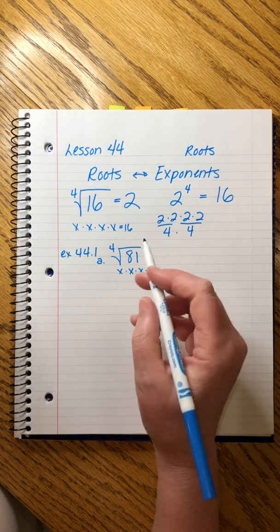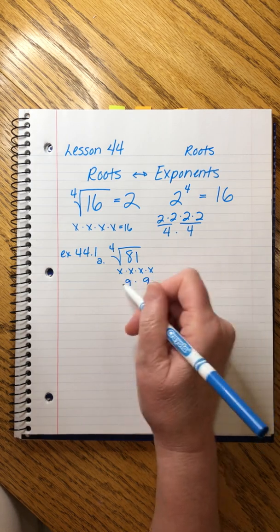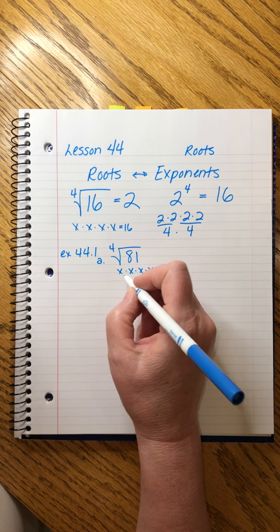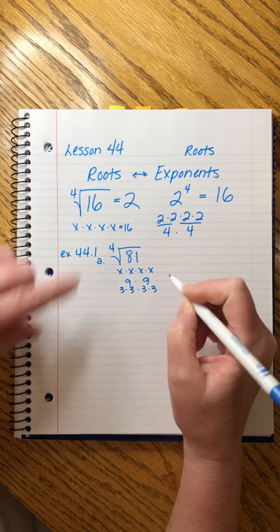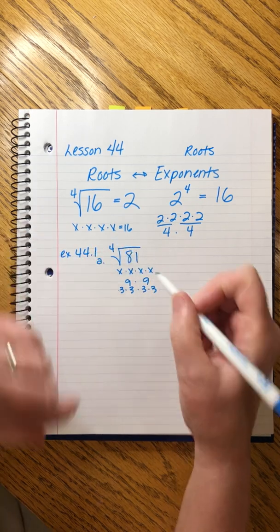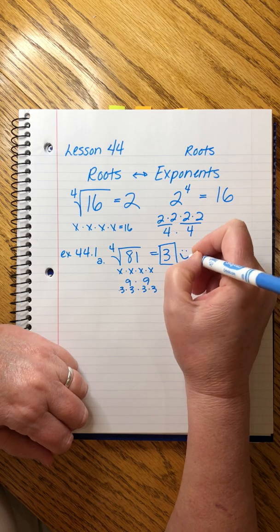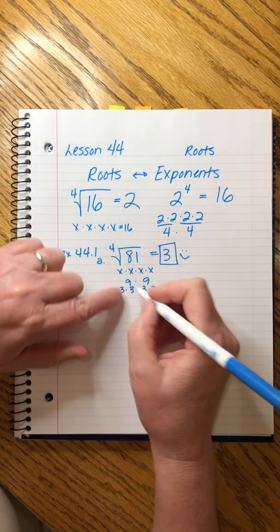Well, I know that 9 times 9 equals 81, but that's only 2 numbers. But then I realize, oh, look, if we break each 9 down, then it would be 3 times 3 times 3 times 3. So if you multiply 3 times itself 4 times, you'll get 81. So we write the answer like this. This is not the answer. That's the answer.